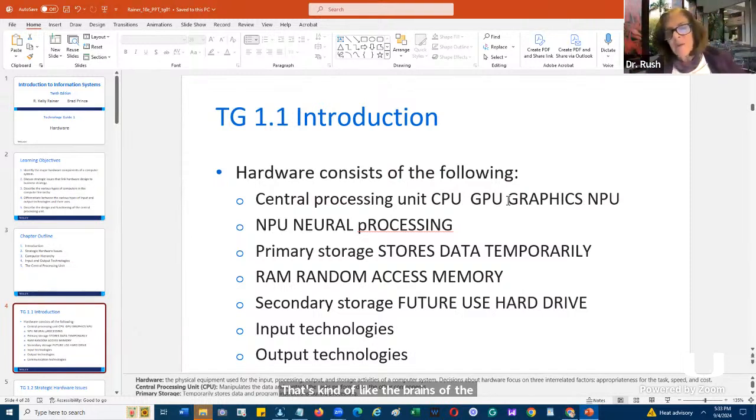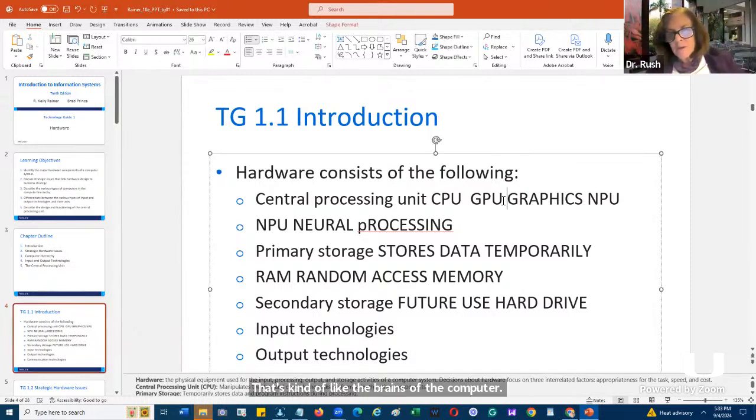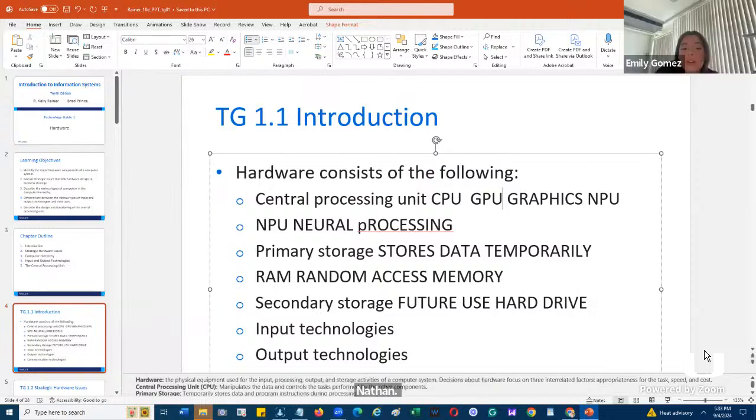There's also something called the GPU. And if I think about the GPU, Nathan, have you ever played any games on the computer? Nathan, I don't hear you. Did you ever do any computer gaming? Nathan, do I hear you? Somehow I don't hear him. His AirPods probably aren't connected to the audio. That's happened to me before.